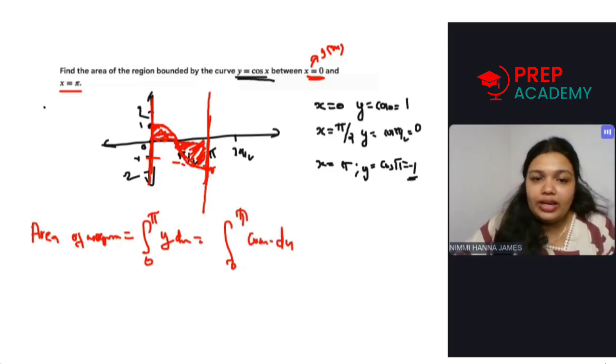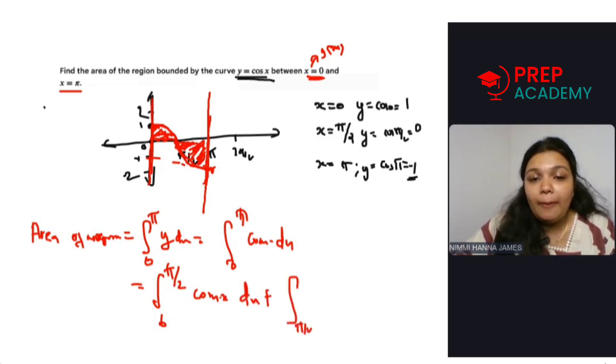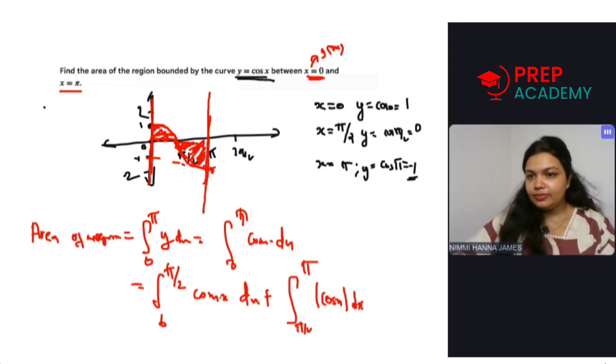When we drew the graph, we had a separation, so we apply the property that we can separate it: integral 0 to pi by 2 cos x dx plus integral pi by 2 to pi mod cos x dx.